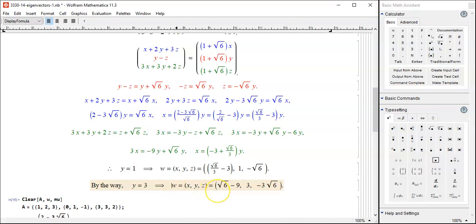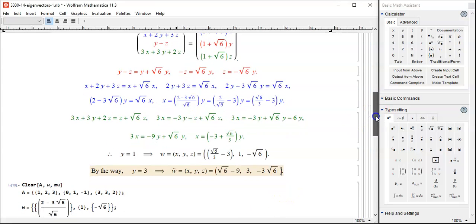And then I already used up w, so let me use something else. Oh, wait a minute. This hat may give you an illusion this is a unit vector. It's not a unit vector, so let's choose something different. Oh, whatever.